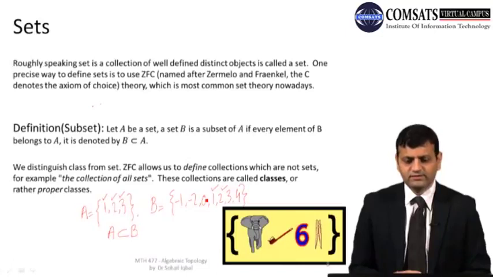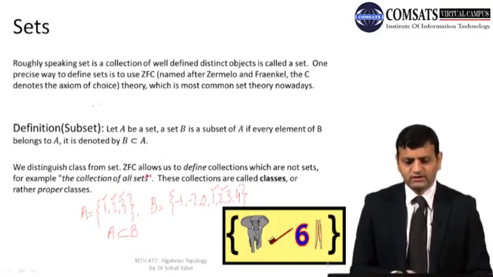The point is there is a difference between the word set and the class. A class is basically some sort of very big collection of objects, so big that the definition of set can't cover this collection. For example, the collection of all sets is not a set, it's a class.